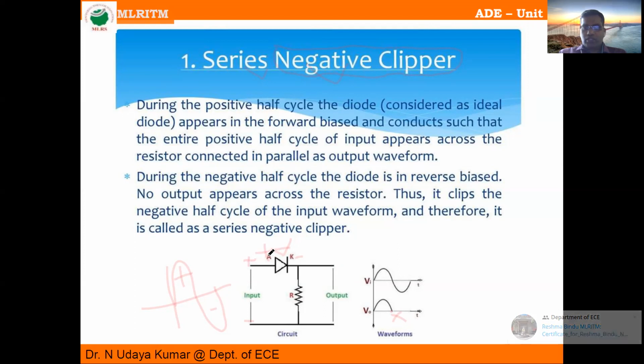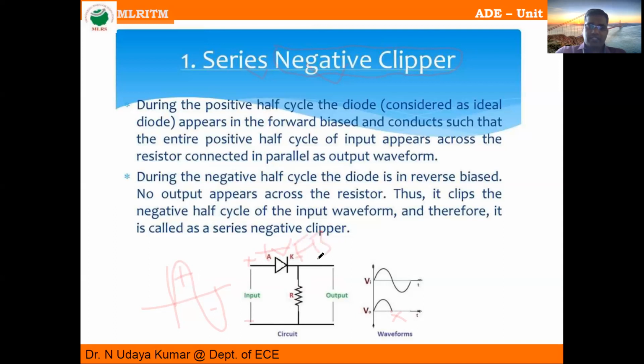So these holes move towards the junction, and this is negative, so here electrons move towards the junction. That means there is no barrier. Barrier width is very small. So there is a conduction possibility. Because of that, the diode is forward biased whenever the positive half is applied.